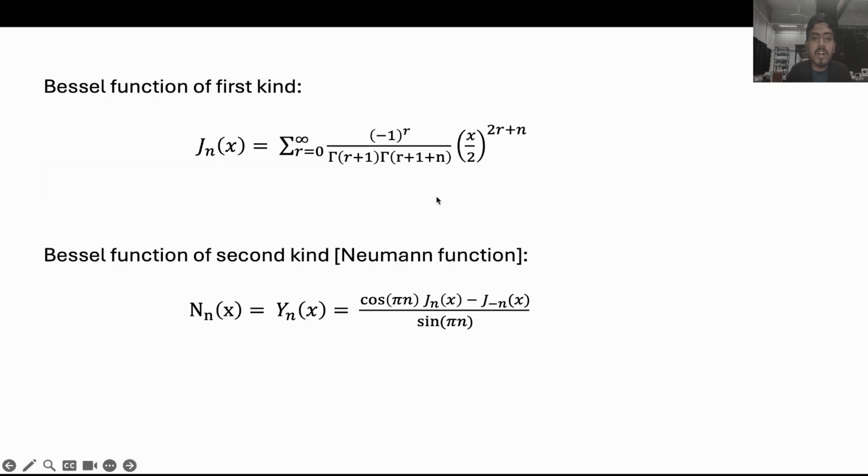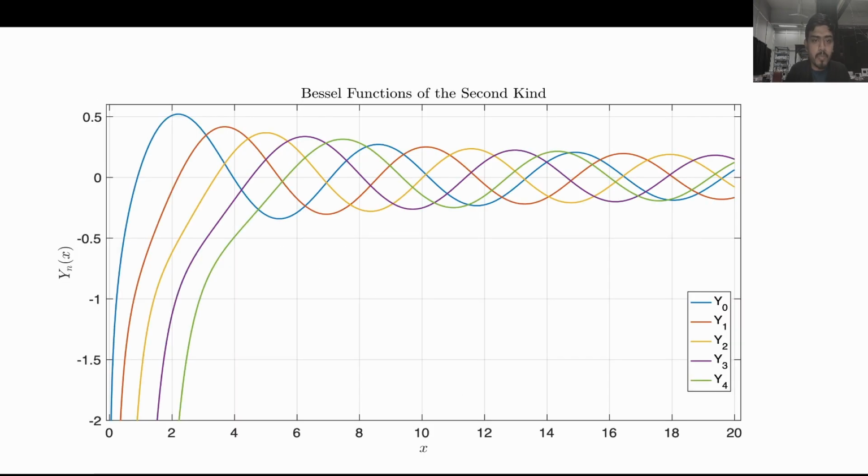Similarly, the Bessel function of second kind is defined like this, and here is a plot of Y0, Y1, Y2, Y3 and Y4(x). You can see that as x tends to 0, all these Bessel functions of second kind go towards infinity, so they are diverging.